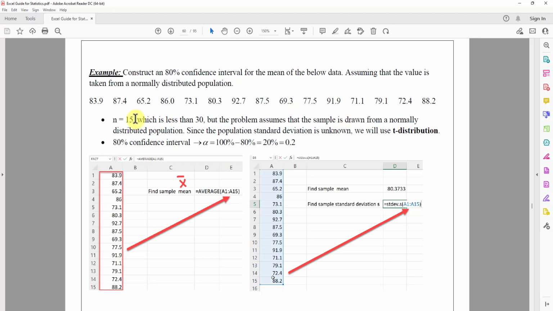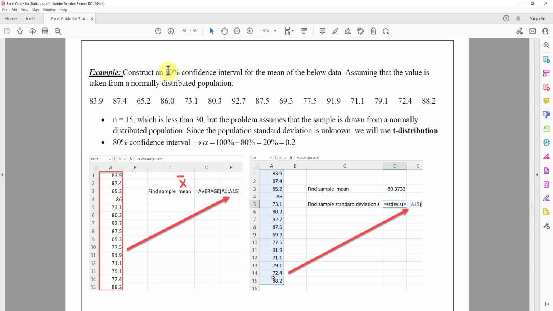And even though n is only 15, which is less than 30, the problem assumes that it is okay to assume that the sample is drawn from a normally distributed population, so we can use all the methods we just discussed. Now, because we don't know anything about the population standard deviation sigma, we need to use the t distribution instead of the z distribution.